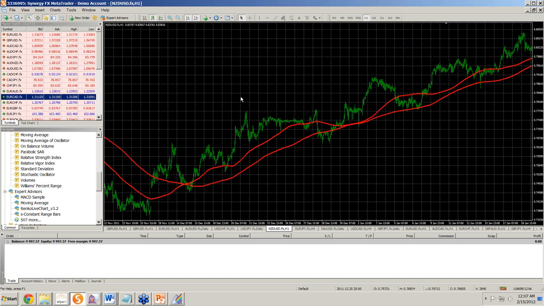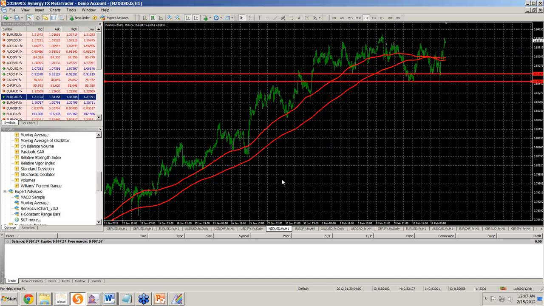So when it pulls back, you're seeing that it pulls back to these moving averages and then continues up, and pulls back to the moving average and then continues. We did finally get a break through the moving average, and we got a little bit more of a pullback than normal.